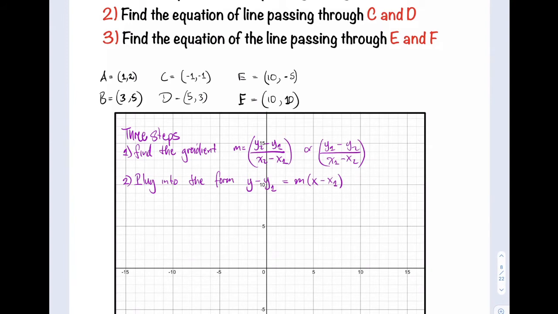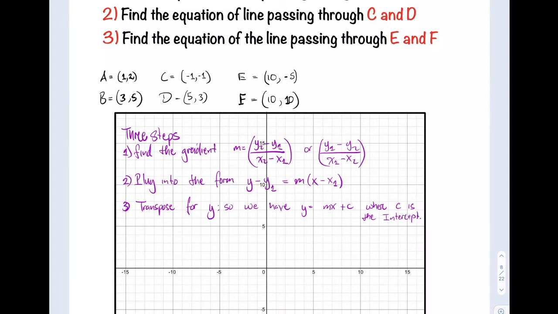Sometimes we can leave it like that, but we can go to step three, which says we transpose for y, so that we have y equals mx plus c, where c is the intercept.